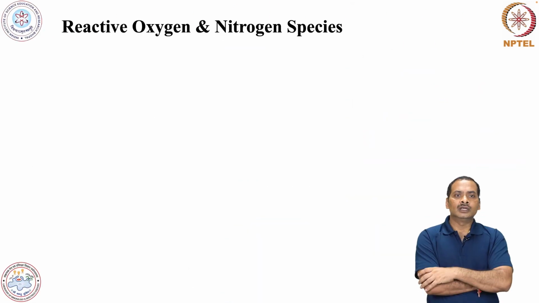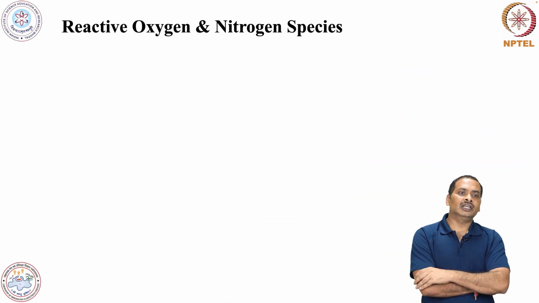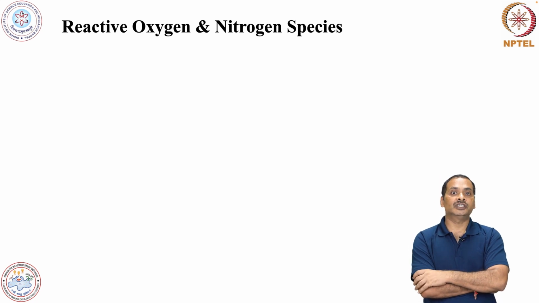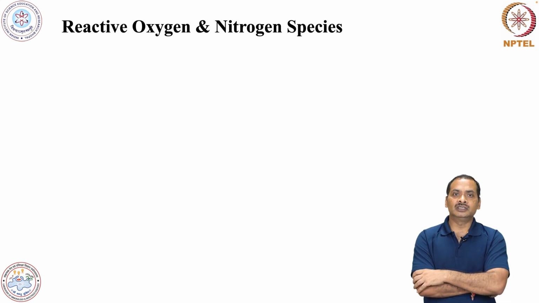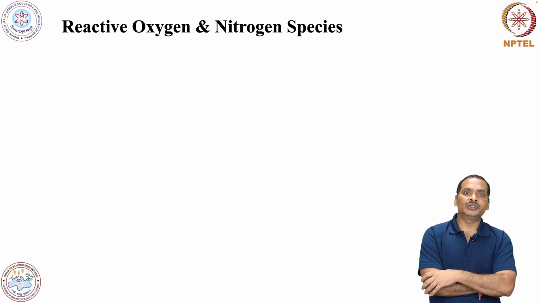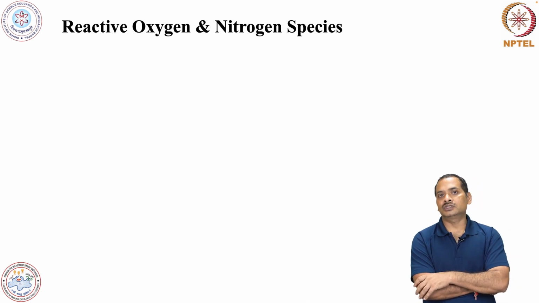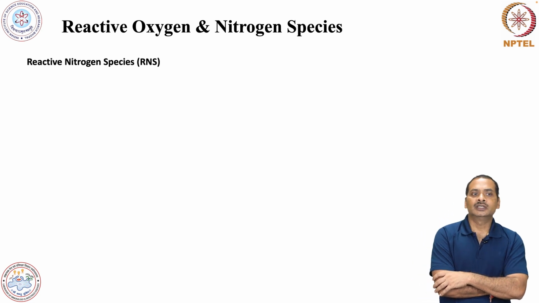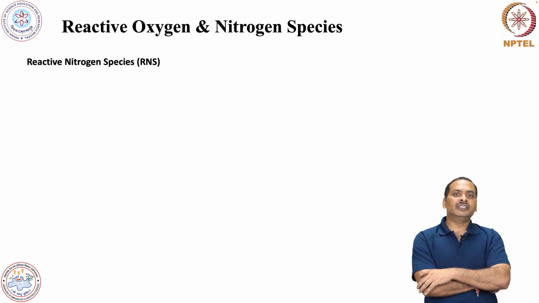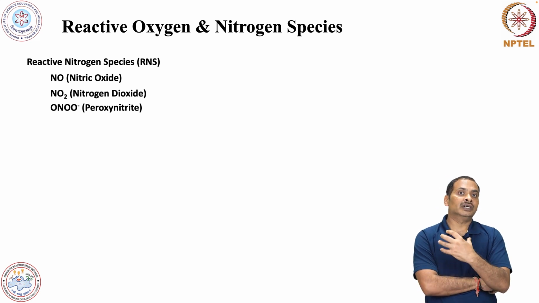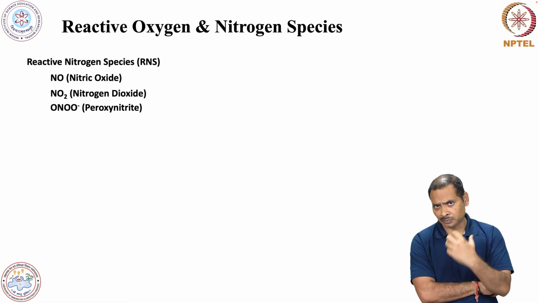Now, I would like to tell about how these reactive oxygen species and reactive nitrogen species are generated. But let us first know what the reactive nitrogen species and reactive oxygen species are. Here you can see the reactive nitrogen species are nitric oxide, which is a very active molecule in animal cells, particularly in humans.